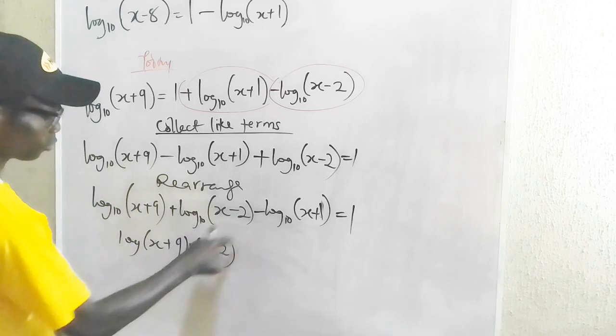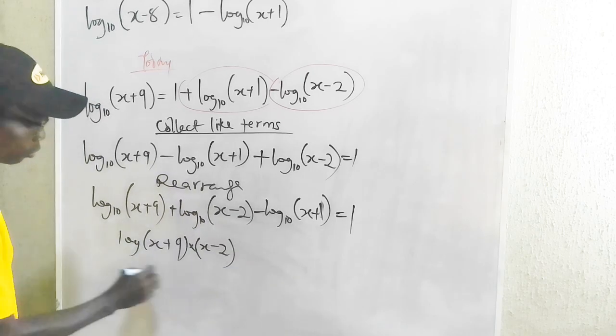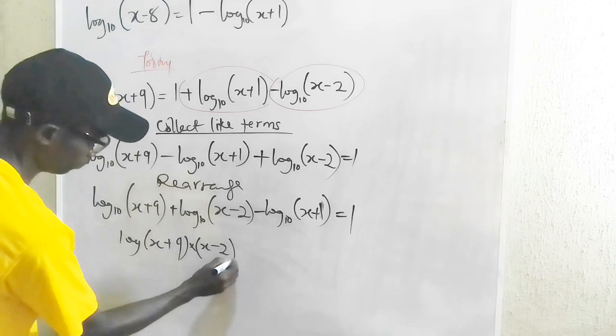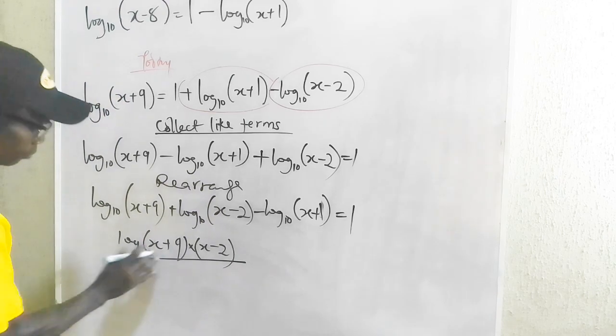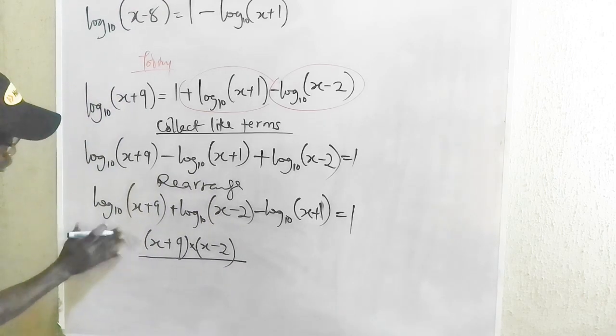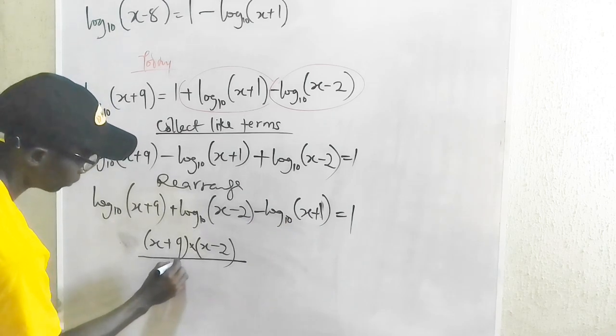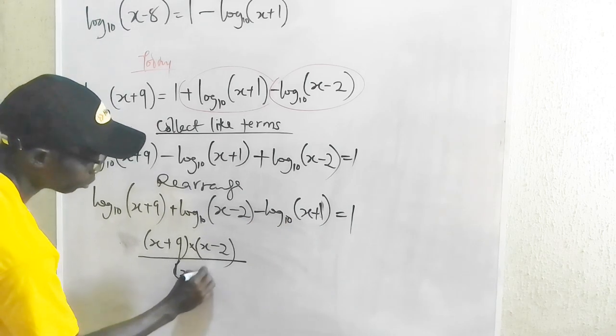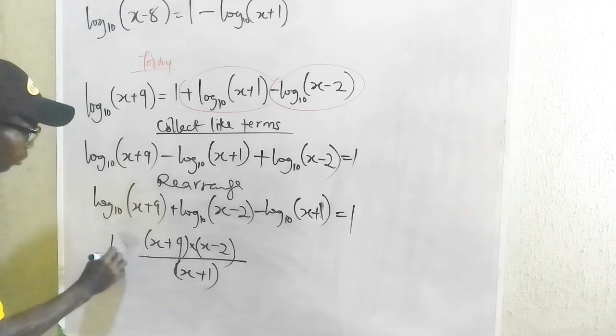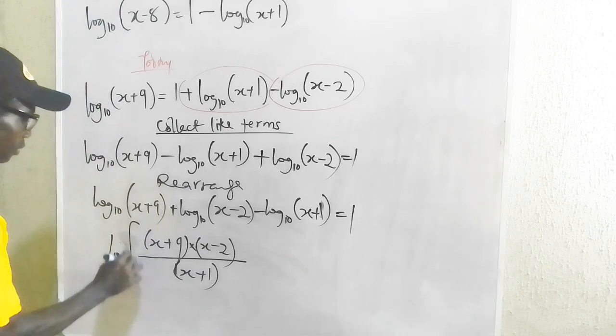This is a minus sign, supposed to be a division, so it's actually going to be, now I can make the log bigger, x plus 1. Then the big log in base 10 will be outside.